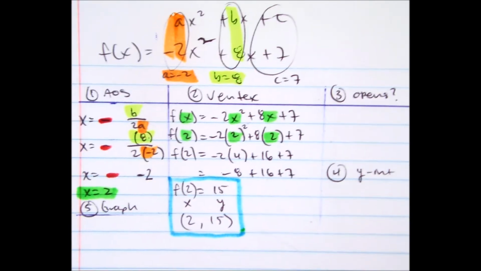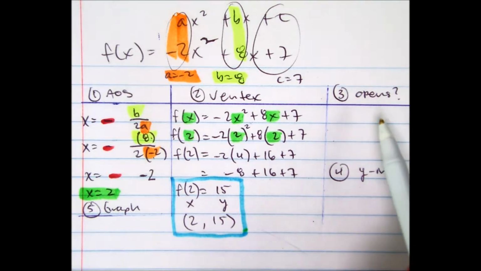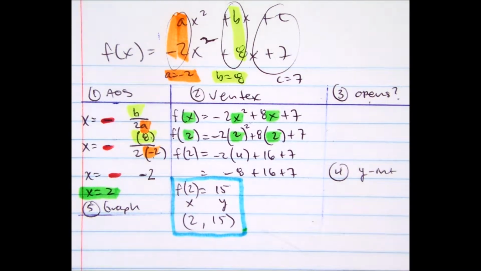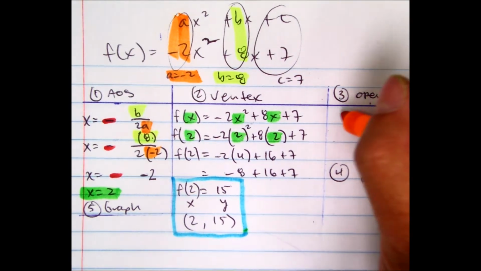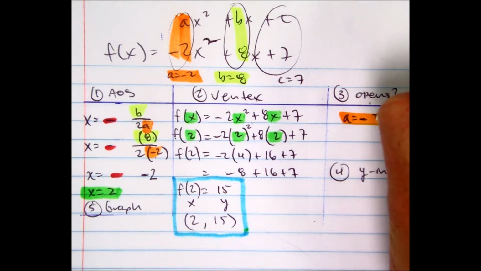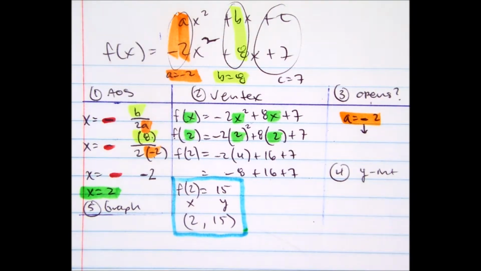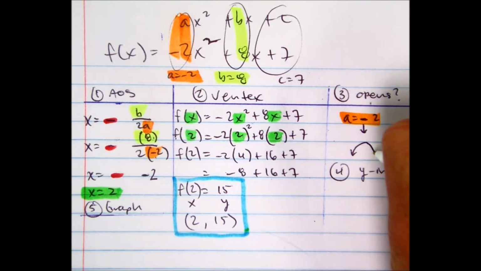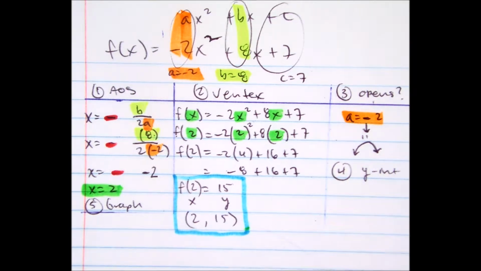The next thing I need to do is focus on where the graph opens. Well, for the graph to open, I need to focus on what letter? The a value. Since the a value here is negative, this tells me that the graph opens down. Just think of it, if you're a negative person, you kind of smile down, right? So it's going to open down.